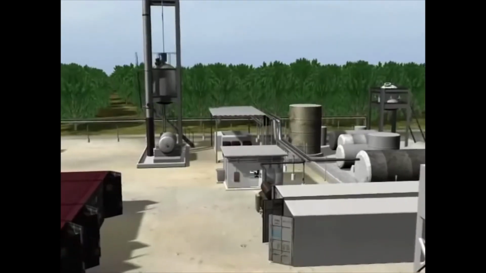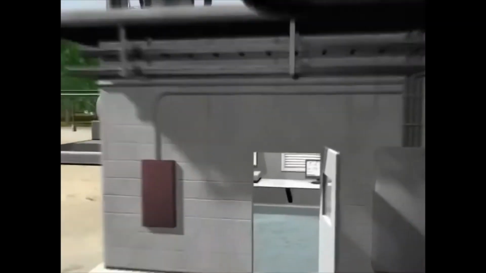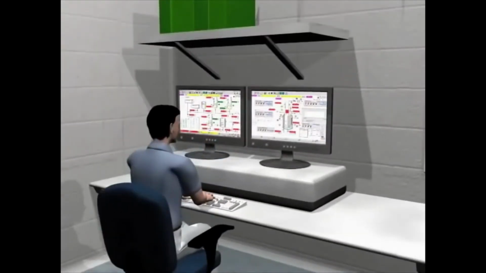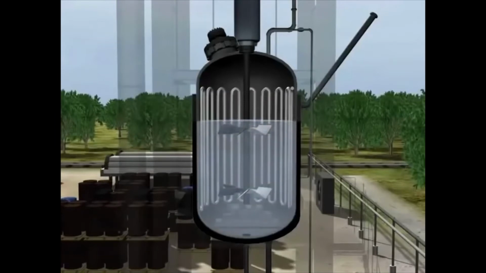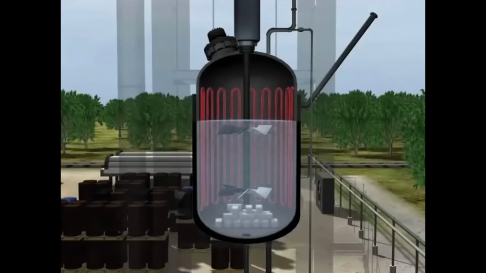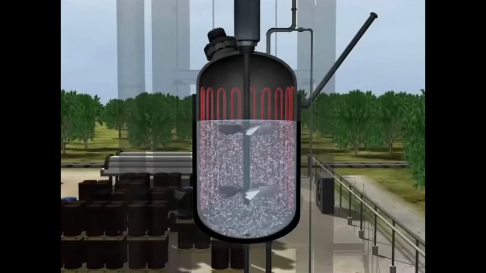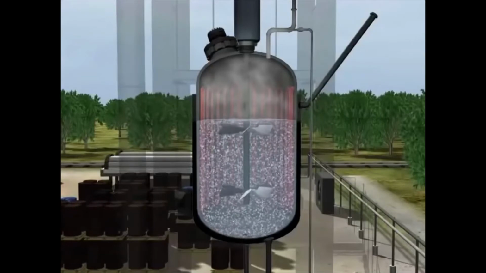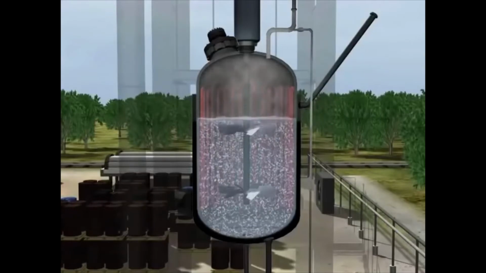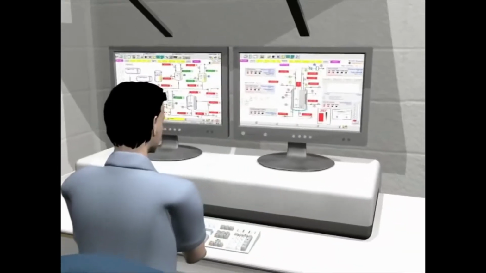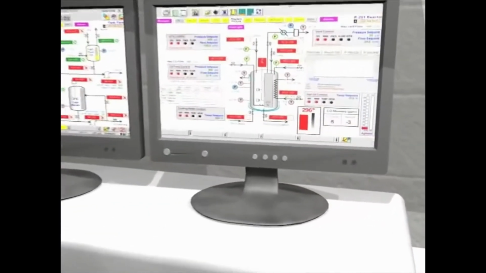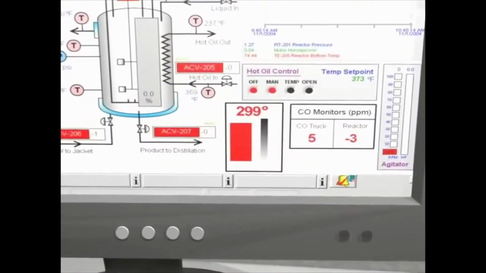An operator controlled the process with a computerized system in a nearby control room. In the first step, liquid chemicals and sodium metal were loaded into the reactor, heated, and then mixed with an agitator. The reaction produced hydrogen, which was vented to the atmosphere. In normal operations, when the temperature reached 300 degrees Fahrenheit, the operator would turn off the heating system.